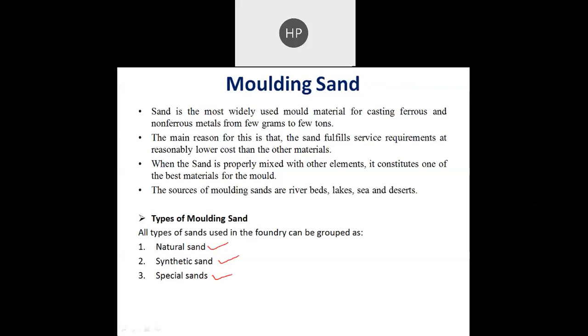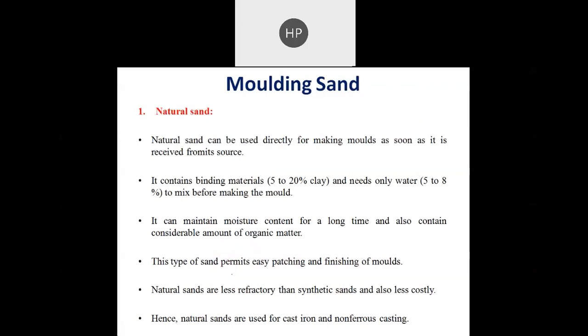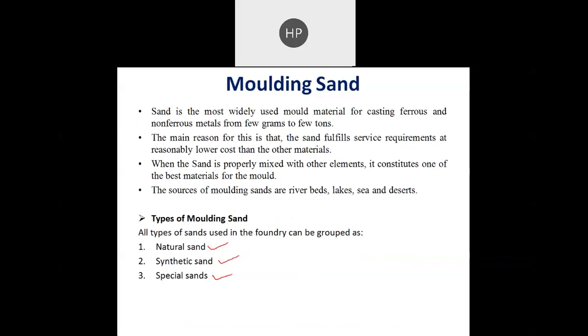One by one we are going to discuss all three types of sand. So the first one is natural sand. Natural sand can be used directly for making a mold as soon as it is received from its source. For natural sand, the source will be a river bed or lake or sea or desert.